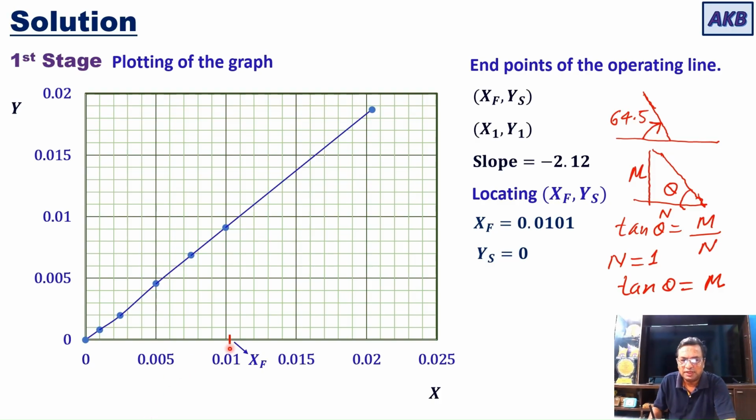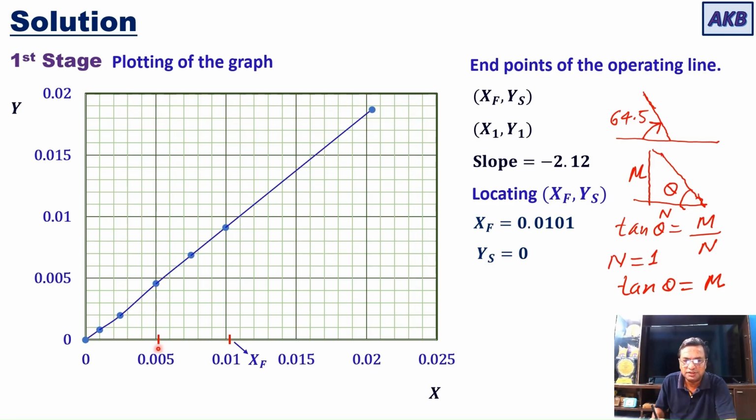So what I will do, I will start at this point. Let me tell you, you can use this approach only when the scale on both the axes is the same. So you can check, on the x-axis the scale is 1 centimeter equal to 0.005, and I have the same scale on the y-axis. As per this approach, I will travel 1 unit to the left of this point. Why to the left? Because I have to plot a line of negative slope.